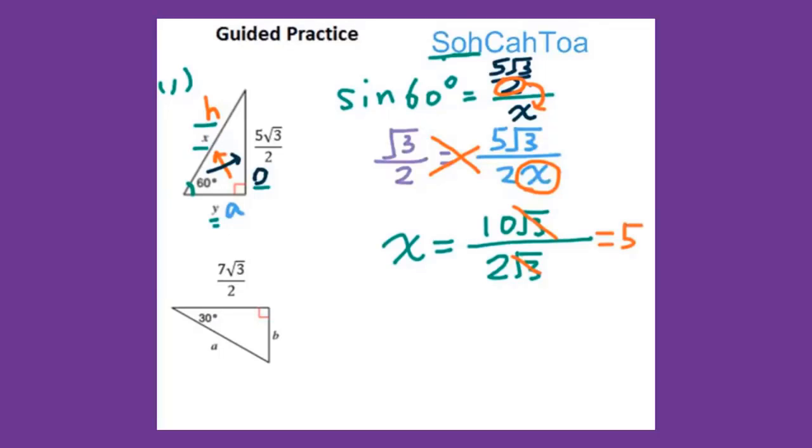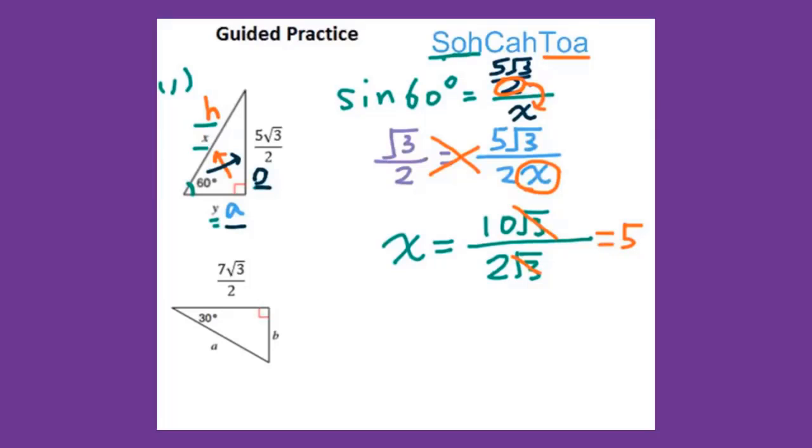That's for X. For the Y, still given is the opposite side and also the adjacent side. OA, go back to SOHCAHTOA and you have to use tangent. Tangent theta equals opposite over adjacent.